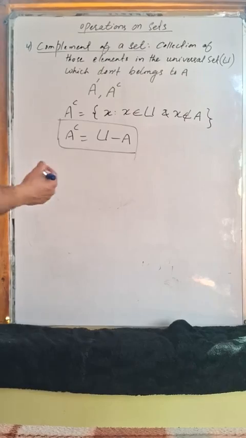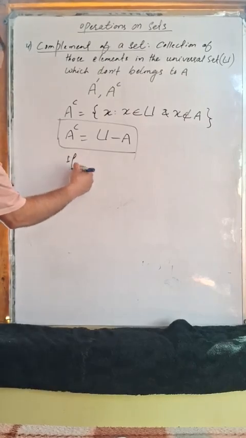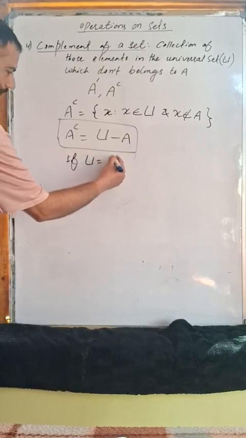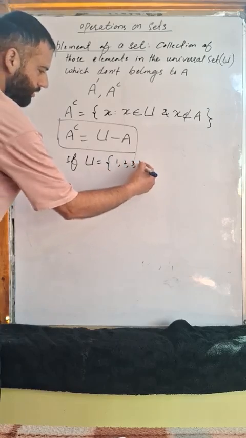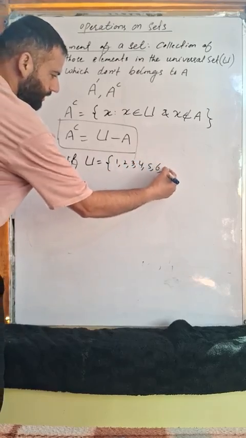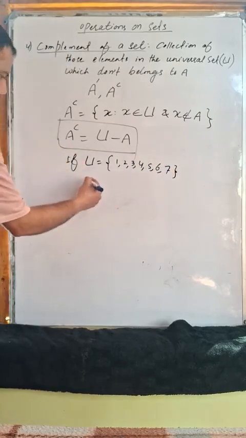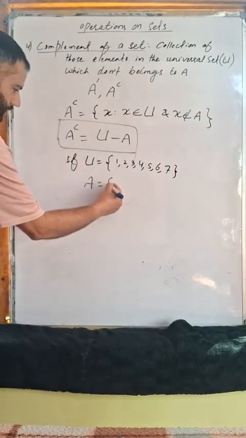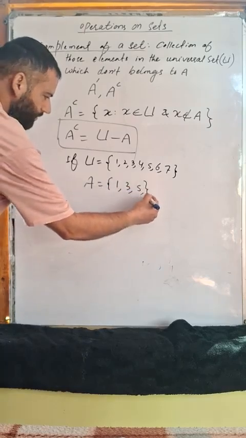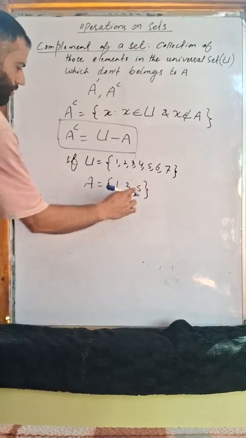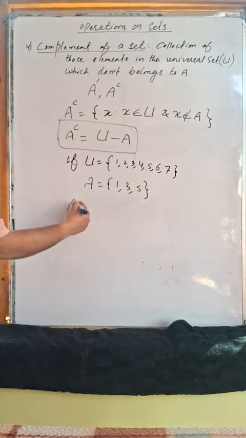Let us take an example. If U is equal to 1, 2, 3, 4, 5, 6, 7 and the set A is 1, 3, 5. So what will be the A complement?